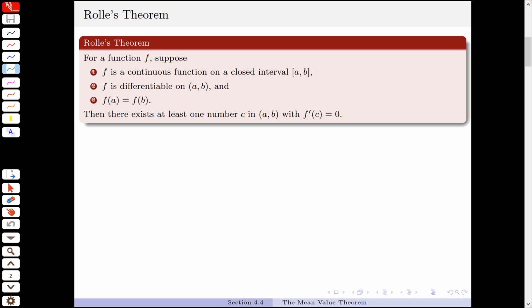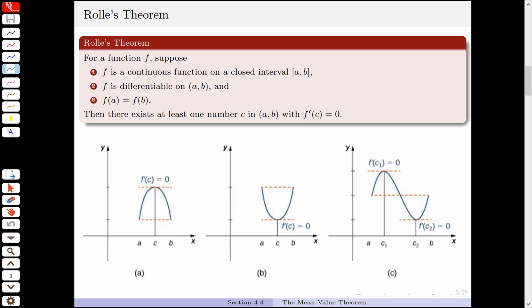Then what the theorem tells us is that there's at least one number c in between a and b where the derivative is 0. So let's take a look at this in a little more detail with some graphs. Here's an example of a function. Here's f(a), here's f(b). You can see they're equal. The function is continuous and differentiable.